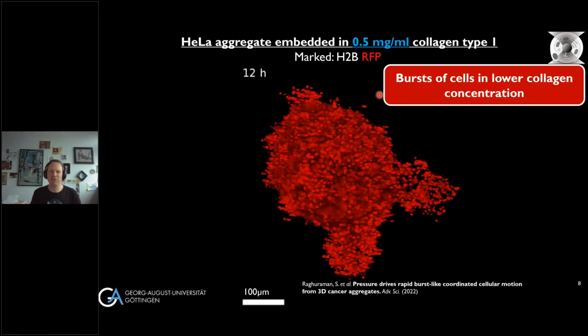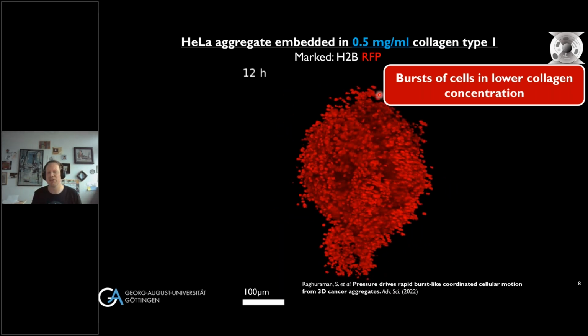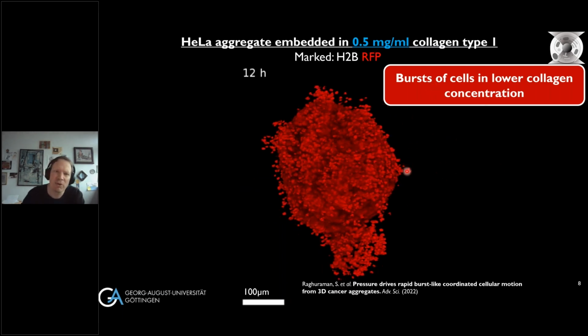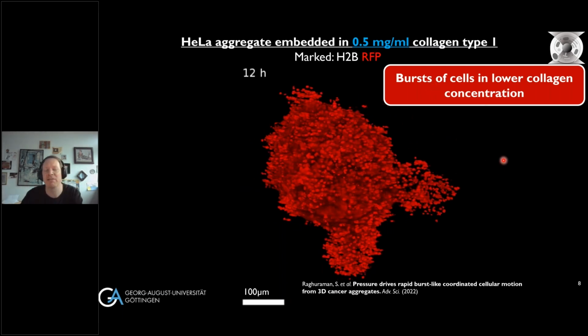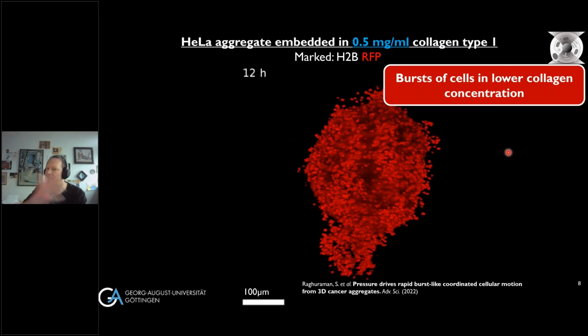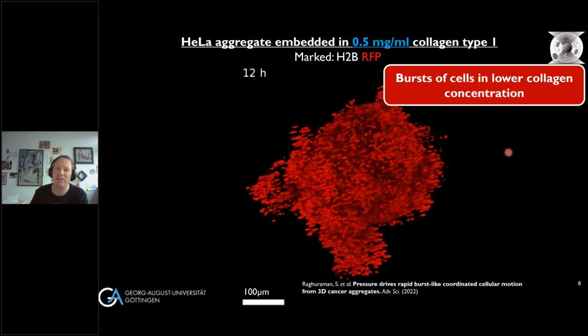We see these bursts of cells that start to move into this low collagen concentration. And that was, of course, mind-blowing to us because we really wanted to understand what the hell is going on here, that these cells start to move outwards. Also, literature tells us that they shouldn't because the stiffness is going down, it's getting softer.